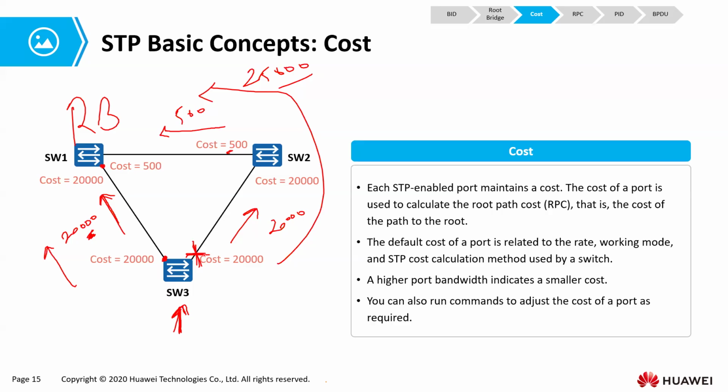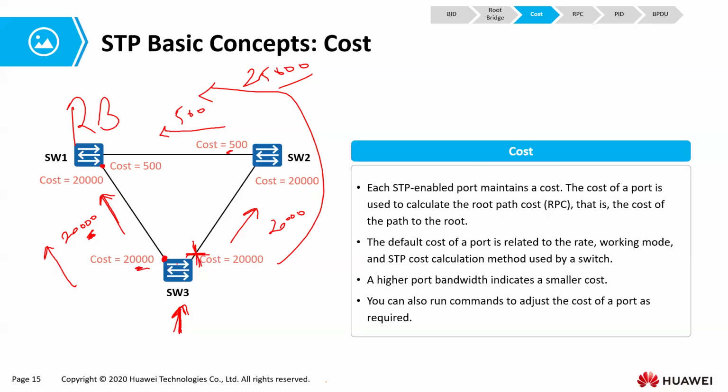The cost is a number which is given to a port, which basically determines how easy it is to get to the root bridge. Then the root path cost is a cumulative value of all the port costs until I get to the root bridge. Like I said from this example, my port cost is 20,000.